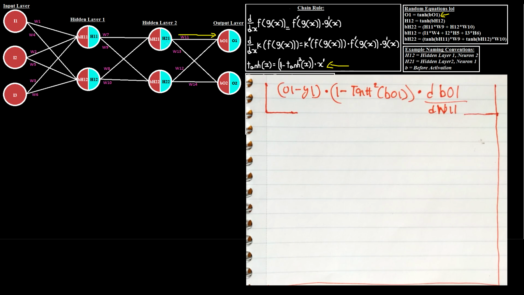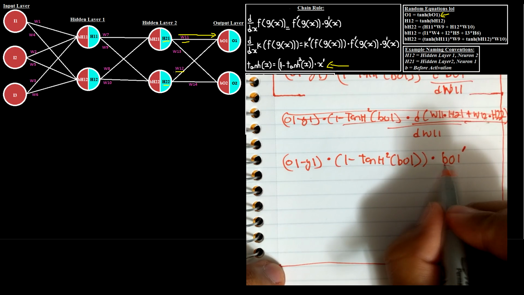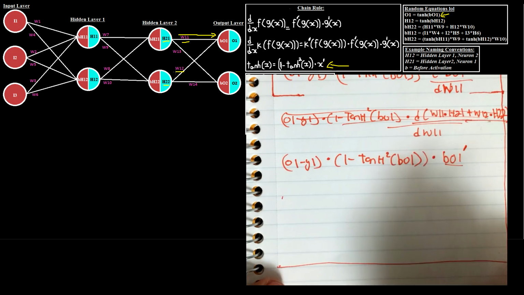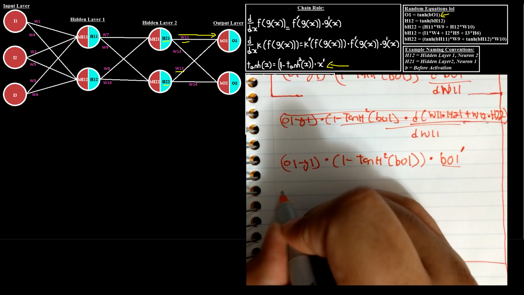So BO1 is essentially just this H21 multiplied by weight 11 plus H22 multiplied by weight 12. And I'm just going to call it BO1 prime because I want to do BO1 prime down here. I don't want to do it on the same line just because I don't have enough space.